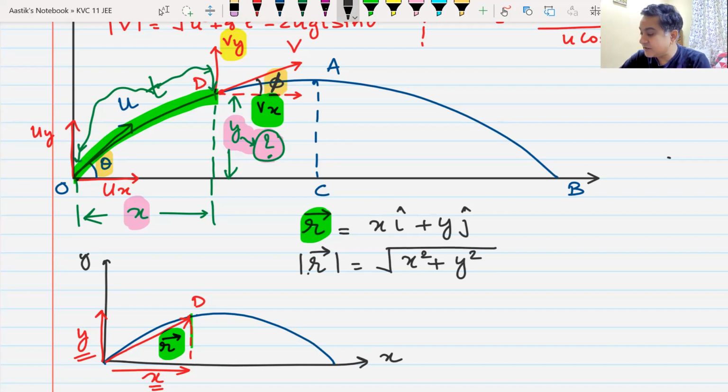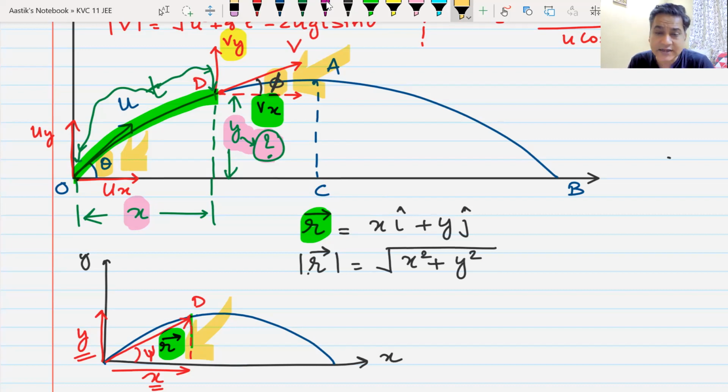Let me call this angle xi. Right now we have three angles. One is phi here, one is theta here, and one is this xi here. Are all the three angles same?